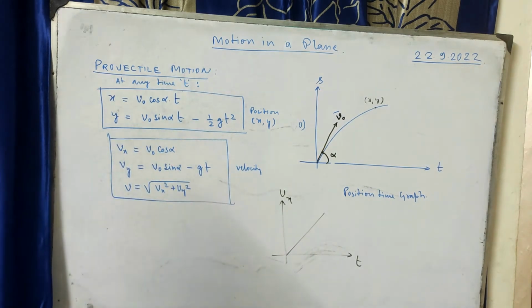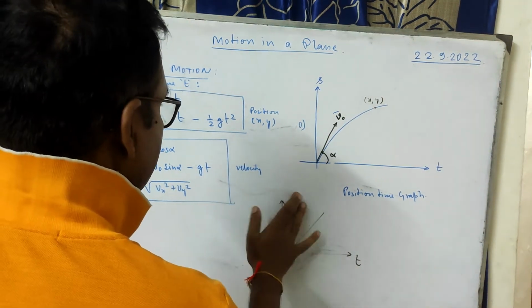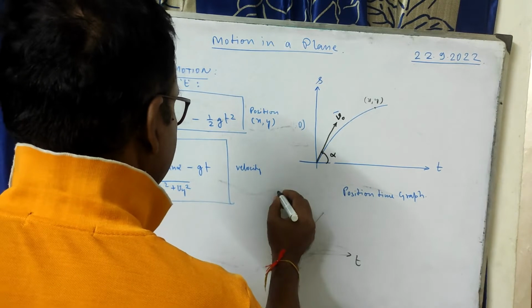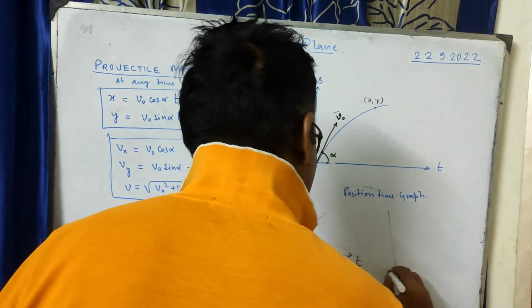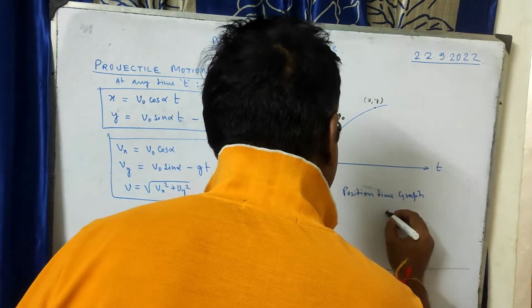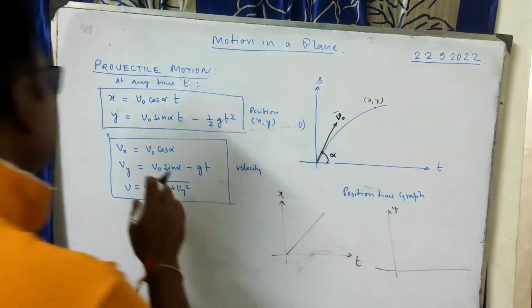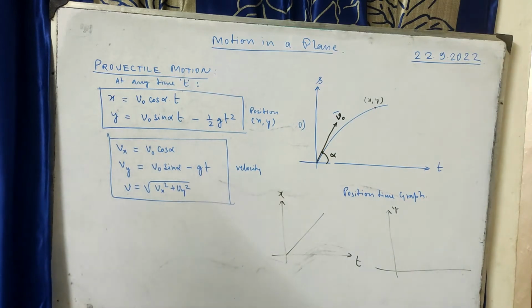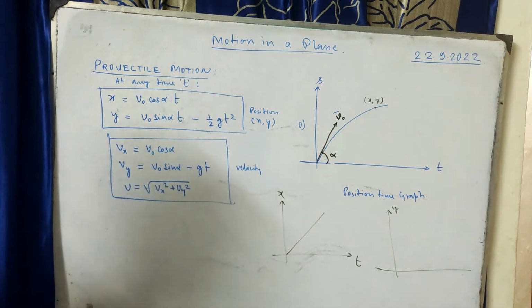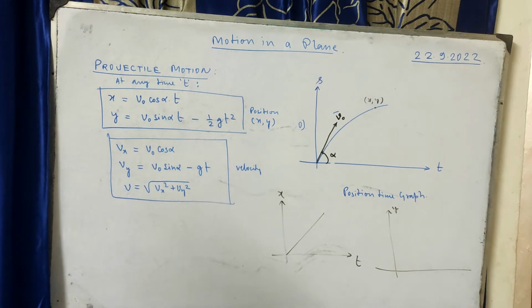Whereas if you see the y distance, now suppose I take the y, in that case what is happening? You see t square is there, right? Square is there means it will be a curve.